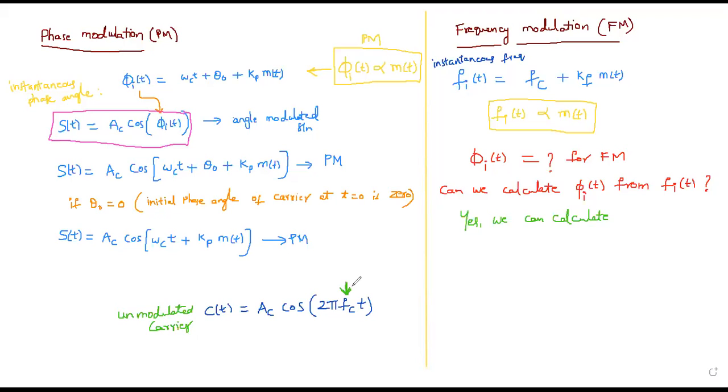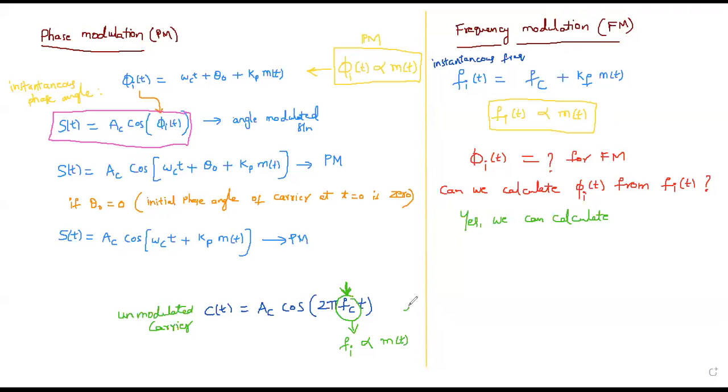But in a frequency modulation signal, the carrier frequency fc has to be varied with respect to the message signal m of t, which means the frequency, in general fi, should be varied with respect to the message signal m of t.